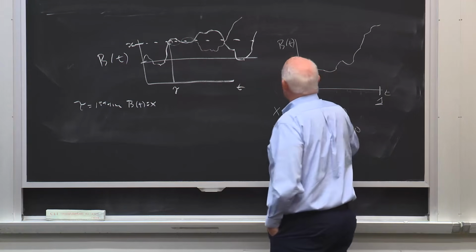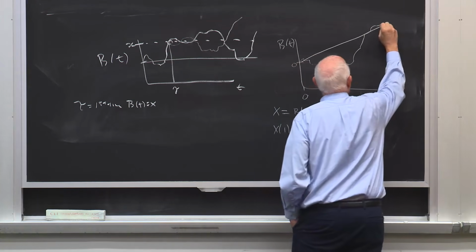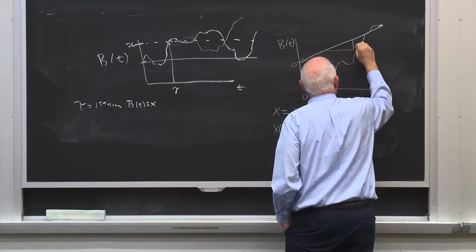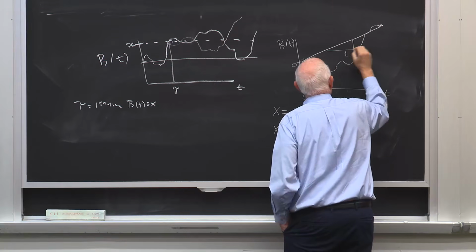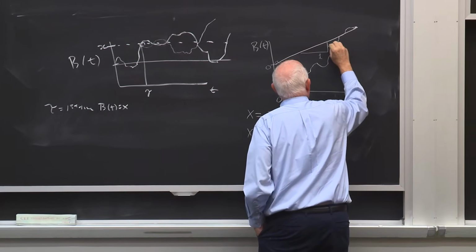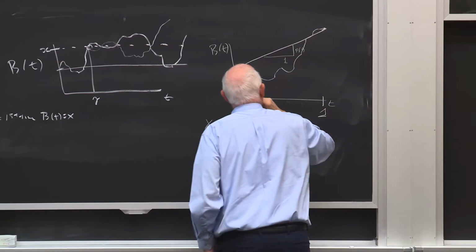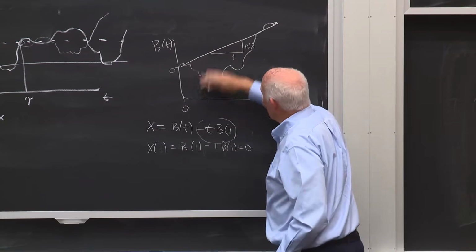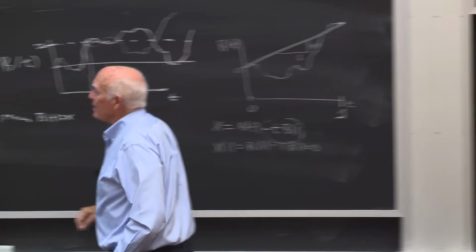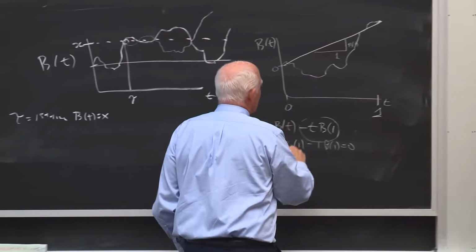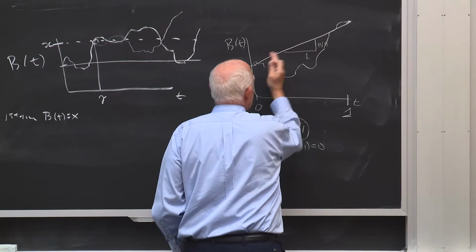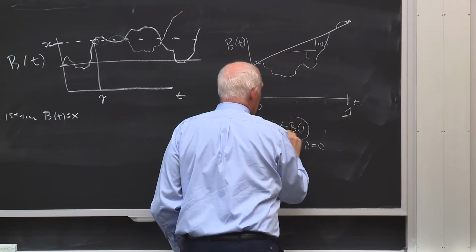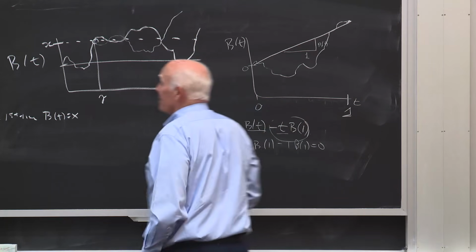If we consider a line to 1 with slope b of 1, then subtracting t times b of 1, we're pinning down the Brownian motion and looking at the distance between the constant-slope line t b of 1 and b of t.